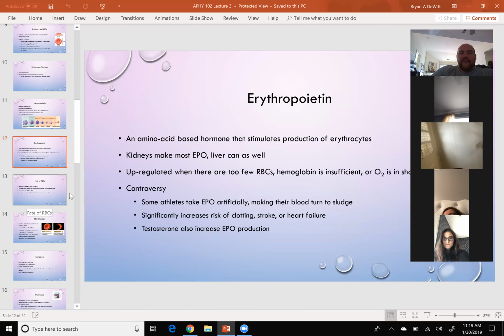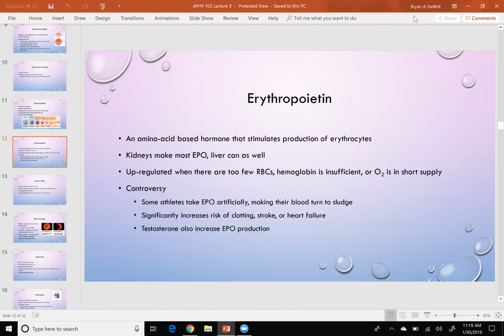But let's move on. I know a lot of you guys are athletes. You may have heard of a hormone called EPO, or erythropoietin. This is an amino acid-based hormone, so hopefully you remember that it works by binding outside of the cell and causing a signaling cascade, leading to some sort of effect.